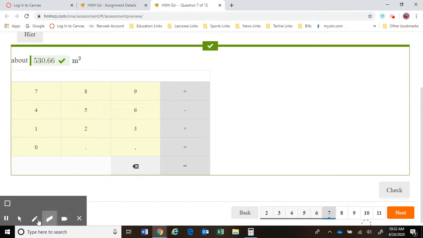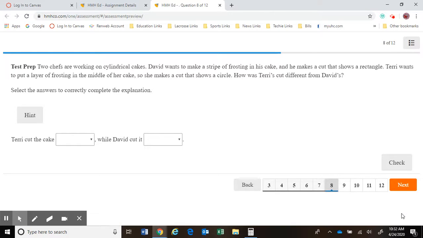And moving on to question number 8. Two chefs work on cylindrical cakes. David wants to make a stripe of frosting in his cake, and he cuts it. It shows a rectangle. Terry wants to put a layer of frosting in the middle of her cake, so she makes a cut that shows a circle. How was Terry's cut different than David's?